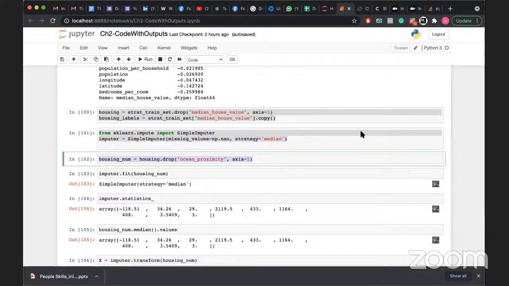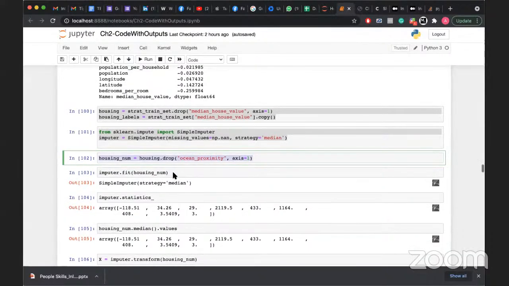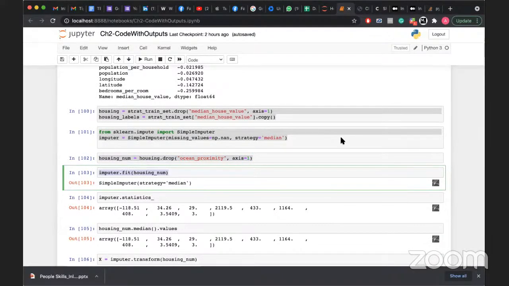So you drop the entire column ocean proximity, and then you do imputer.fit of housing_num.